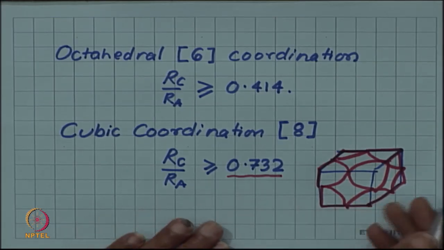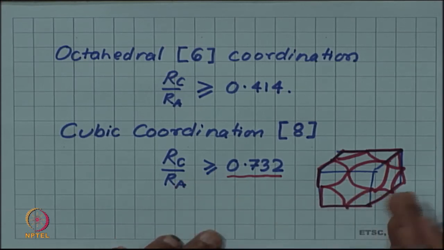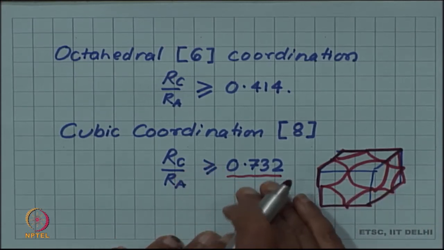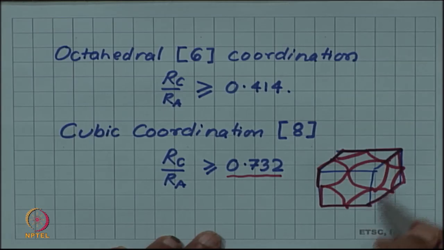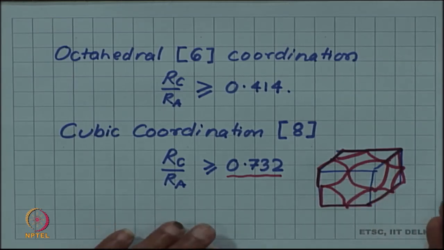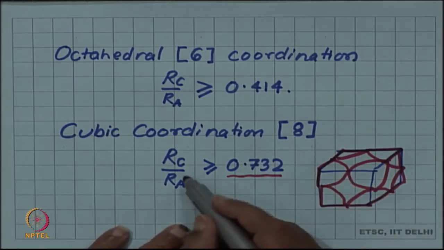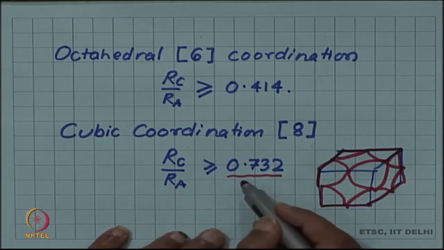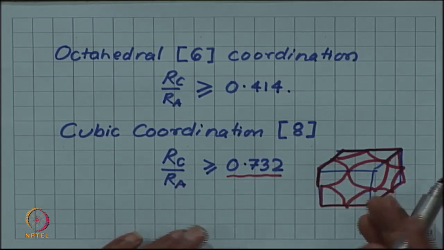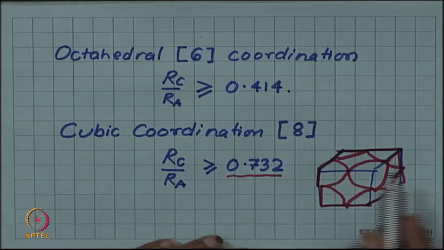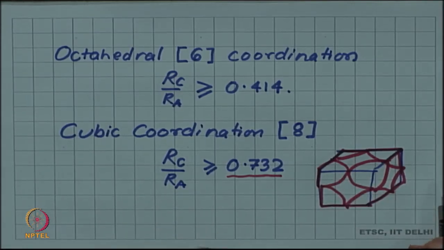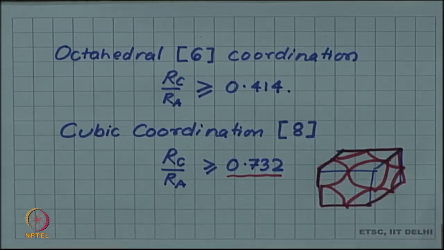So, for cubic coordination RC by RA 0.732, anions will be touching, and if you want for them not to touch, then you can increase the radius ratio. If it is larger, then the cation is larger and will force open this cube and anions will not be touching. So, for cubic coordination the number is 0.732.